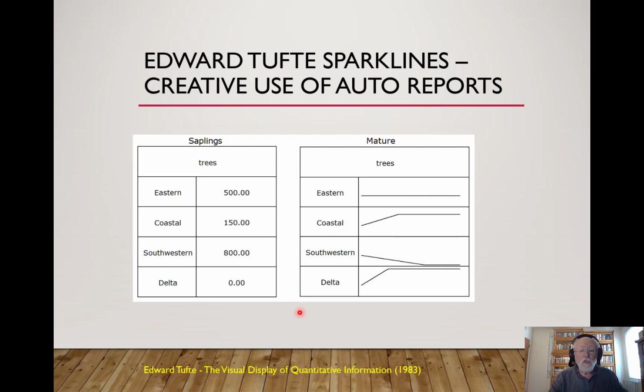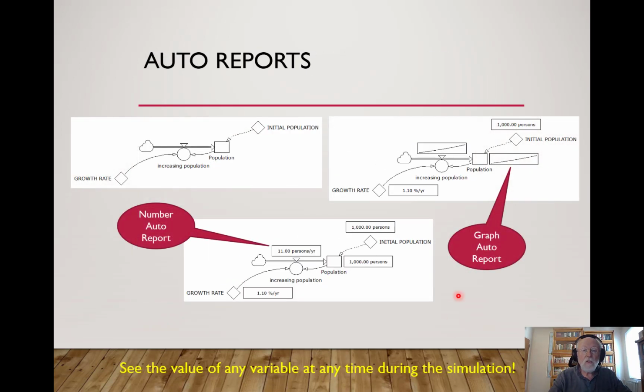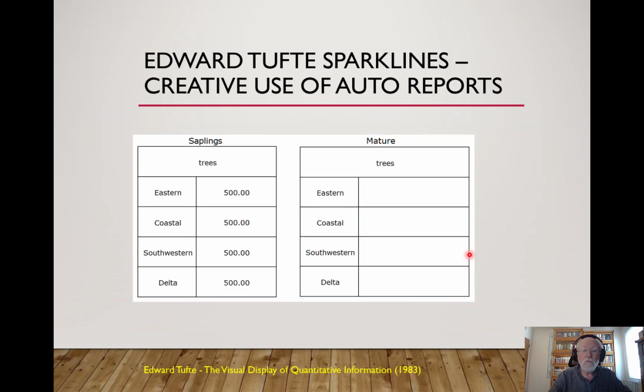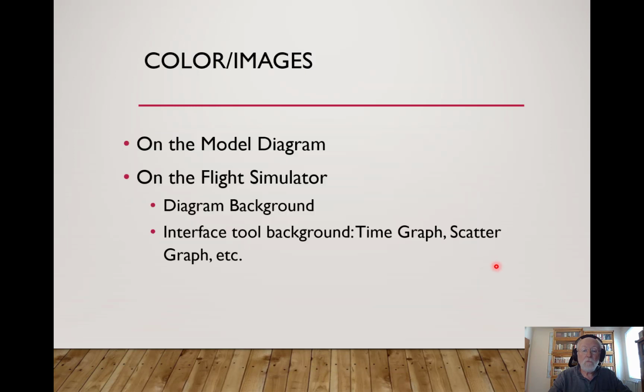In the other regions, it changes over time up to a certain point and then stays constant. This is not a part of the interface tool set in Studio, but it can be built using these guys, auto reports. Just wanted to show that.